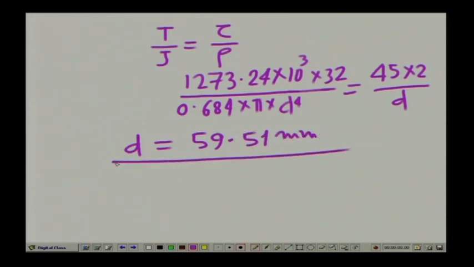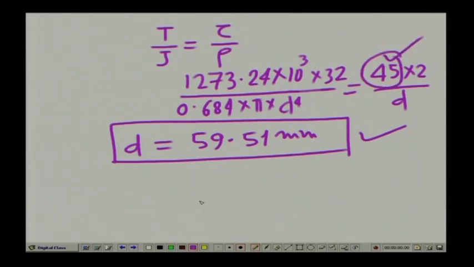So, this is the diameter of the shaft that we will have to use, so that the stress is within 45 MPa. If we have to use a tubular shaft which is transmitting power at 120 kilowatt and at 15 hertz frequency, then the external diameter of the shaft that is necessary is equal to 59.51 millimeter, if we have to restrict the shearing stress within 45 MPa.